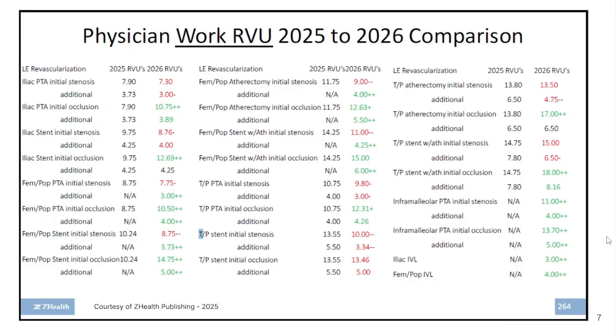However, when we look at the whole picture and compare what a physician has performed last year to this year, if doctors regularly are not documenting that complex procedure, the 100% occlusions, as a base level, these simple procedures corresponding to 2025 codes pay less than they did last year.